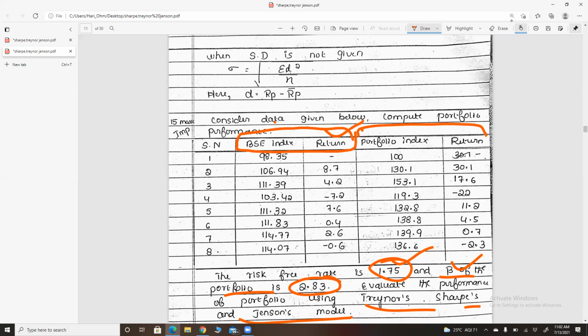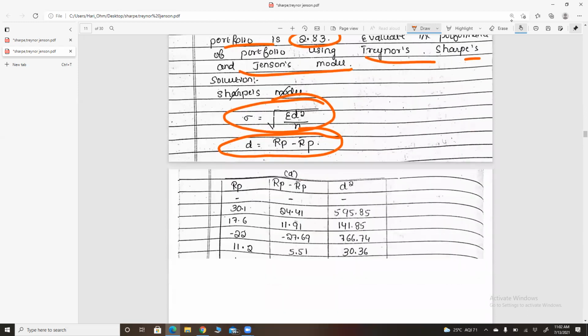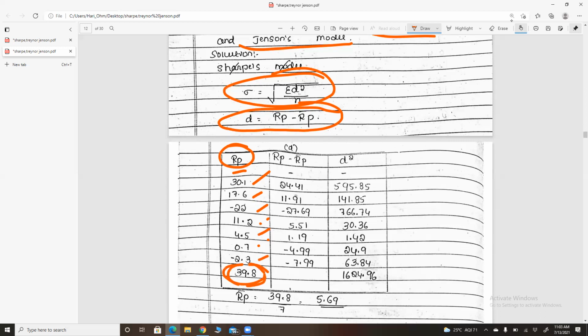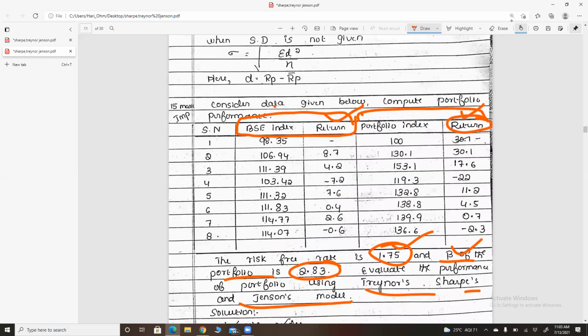You have to take the portfolio return, that is Rp, the return of the portfolio. First one is dash, second one is 30.1, then 17.6, minus 22, 11.2, 4.5, 0.7, minus 2.3. So the total is 39.8.